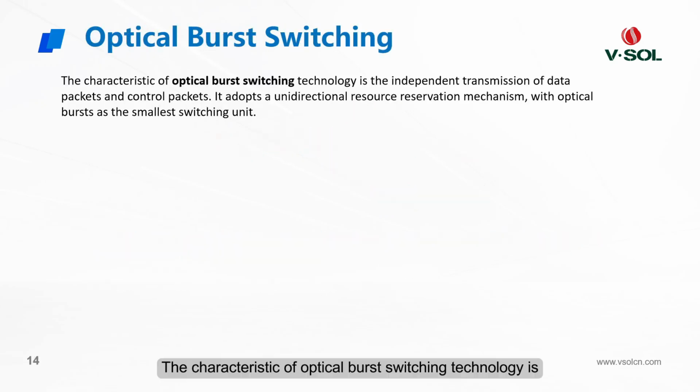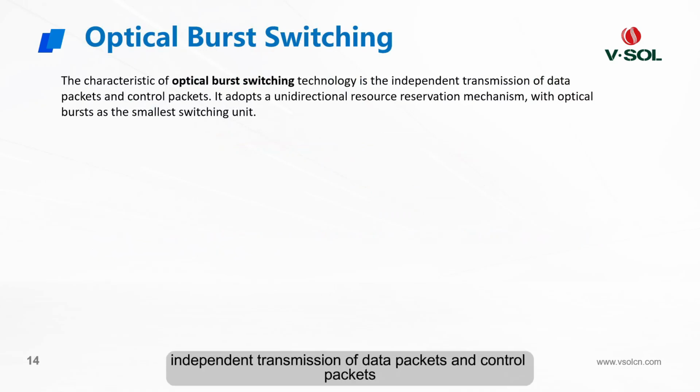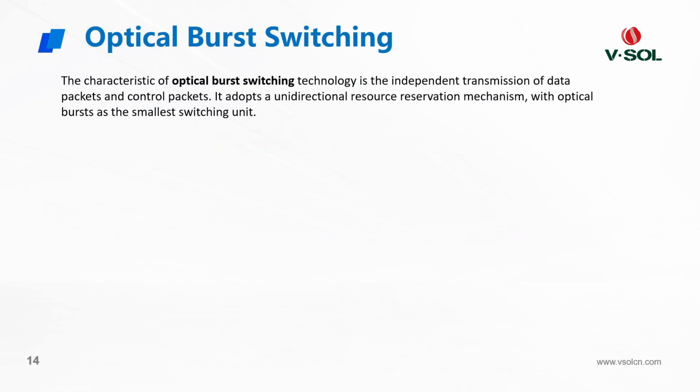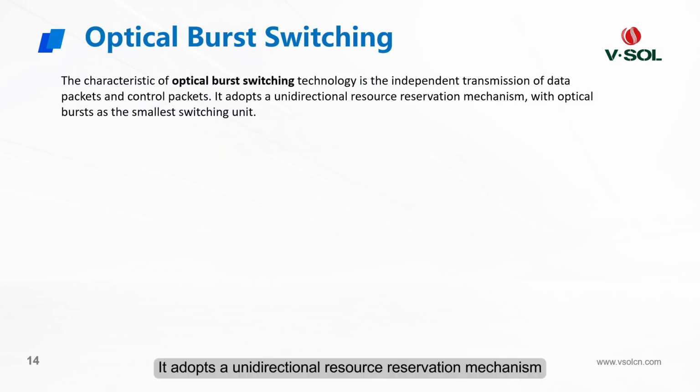The characteristic of optical burst switching technology is independent transmission of data packets and control packets. It adopts a unidirectional resource reservation mechanism with optical bursts as the smallest switching unit, as shown in the following image.